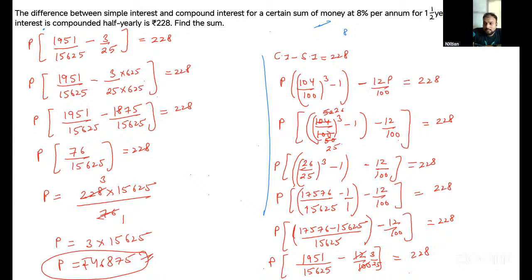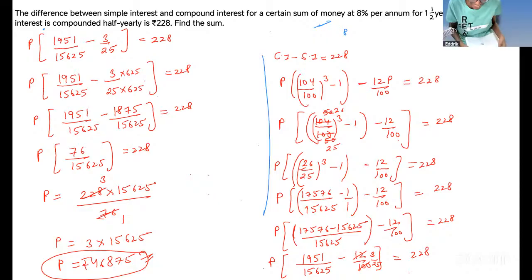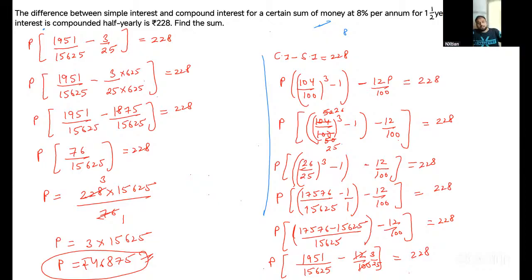Either you wrote Rebecca ma'am's formula wrong or something. But it's correct only. Rebecca only taught us that formula. Okay, I know Rebecca ma'am is correct. Let me ask her, because she is the accountant.